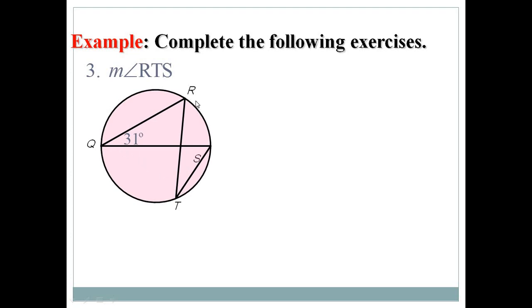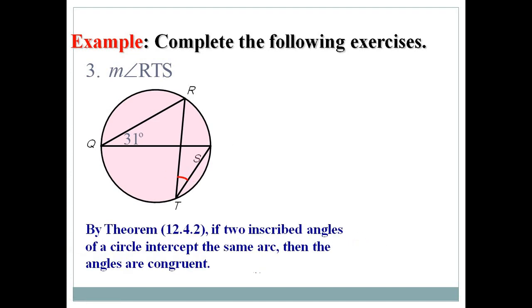They are intercepted by the same arc. So they are equal in measure from theorem 2. So measure angle RTS equals measure angle Q equals 31.